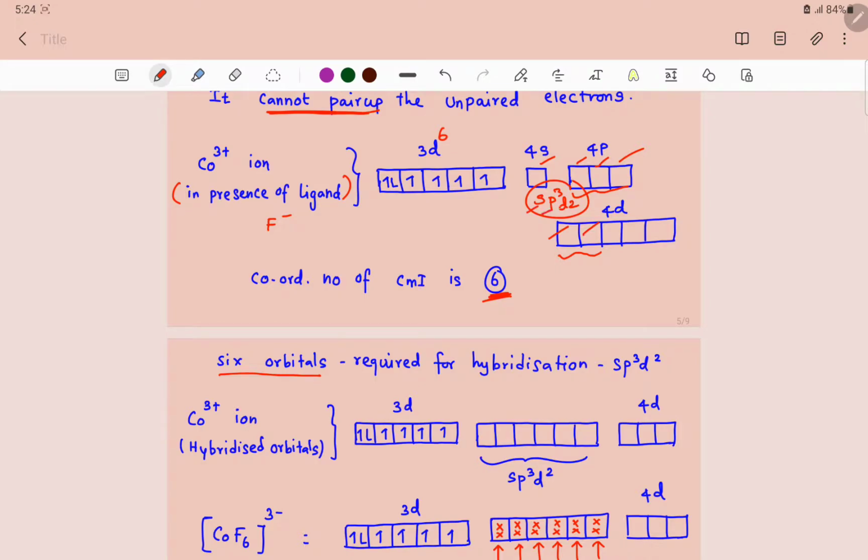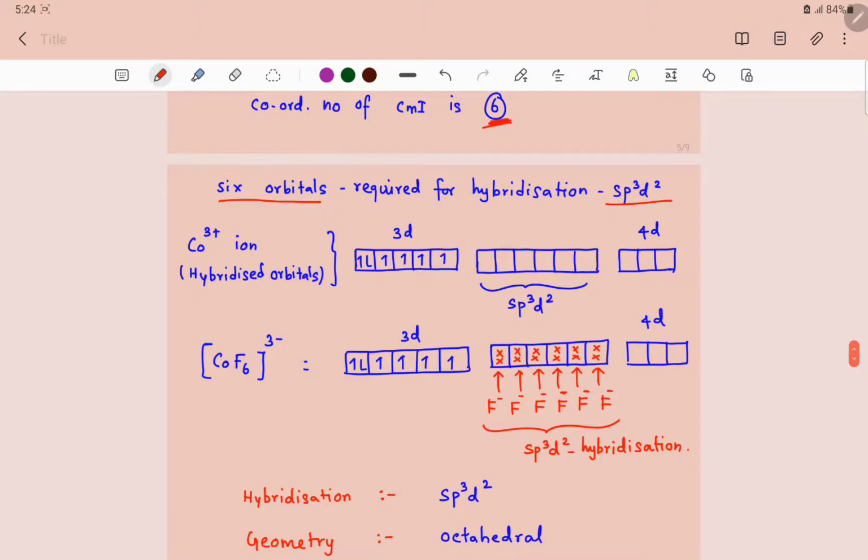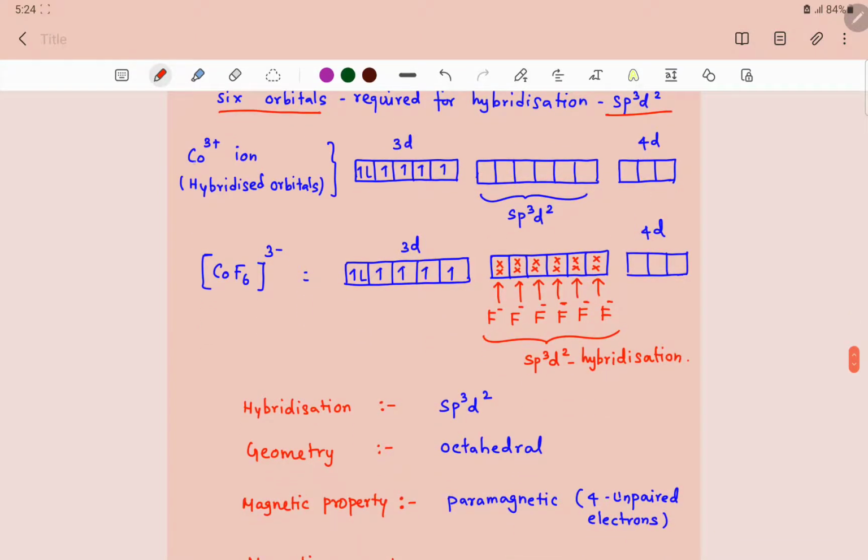One s orbital, 3 p orbitals, 2 d orbitals, so the hybridization is sp3d2. After hybridization, it produces 6 equivalent sp3d2 hybridized orbitals, the new hybridized orbitals. Each one is an sp3d2 orbital.